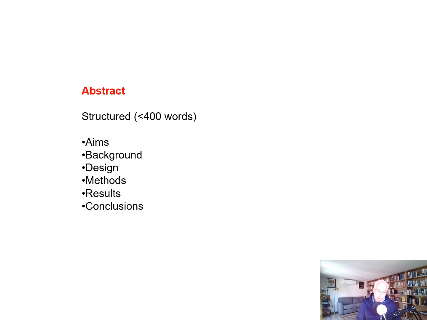In the results sections, look carefully to see whether the journals want you to include statistical parameters like p-values or not. Most do, most medical journals do, but some don't. Again, this is a general piece of guidance about an abstract here. Don't forget to look specifically at the guidance for the journal.